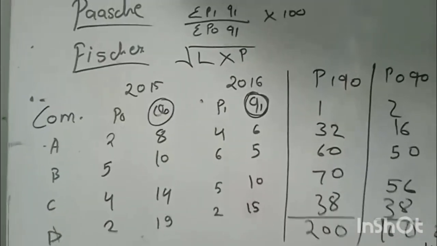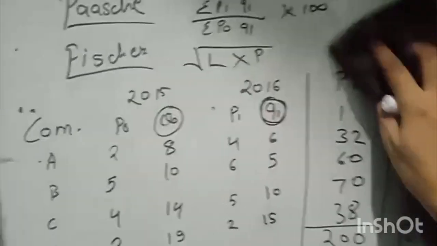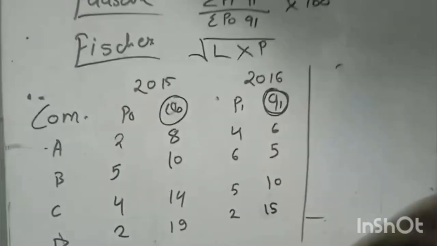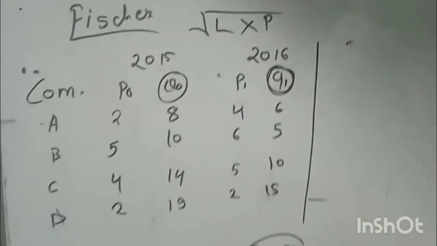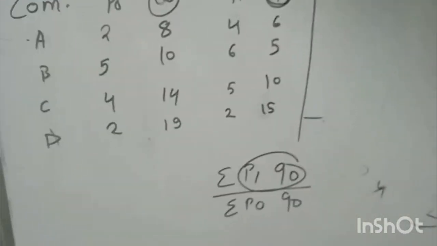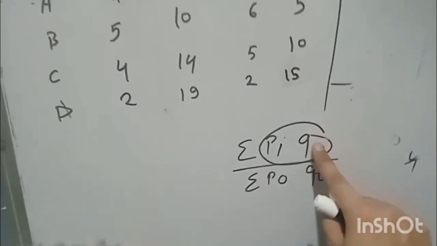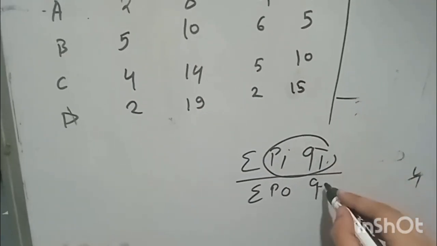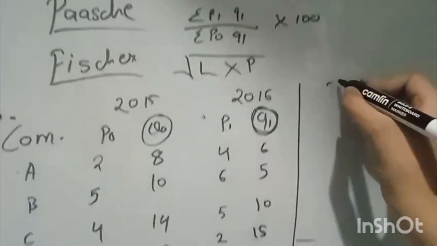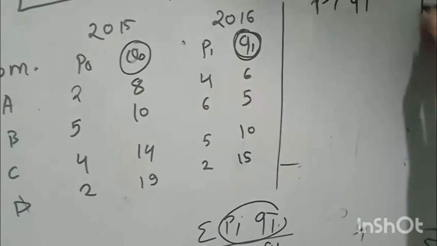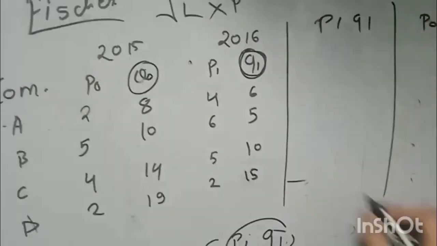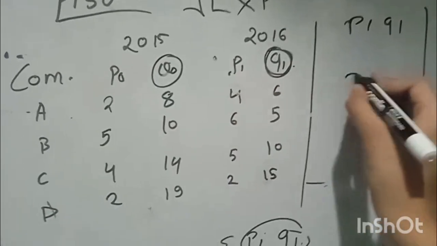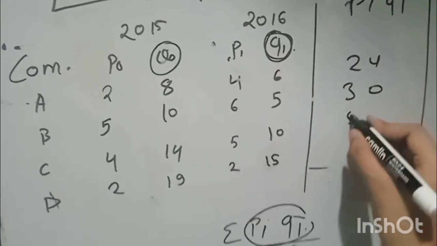Now let's solve this question by using Paasche's method. Paasche has just changed one thing from here. He has assigned the weight to the current year quantity. So I'm doing a bit of smart work here. P1Q1 and P0Q1. P1Q1: 4 into 6, 24, 30, 50 and 30.